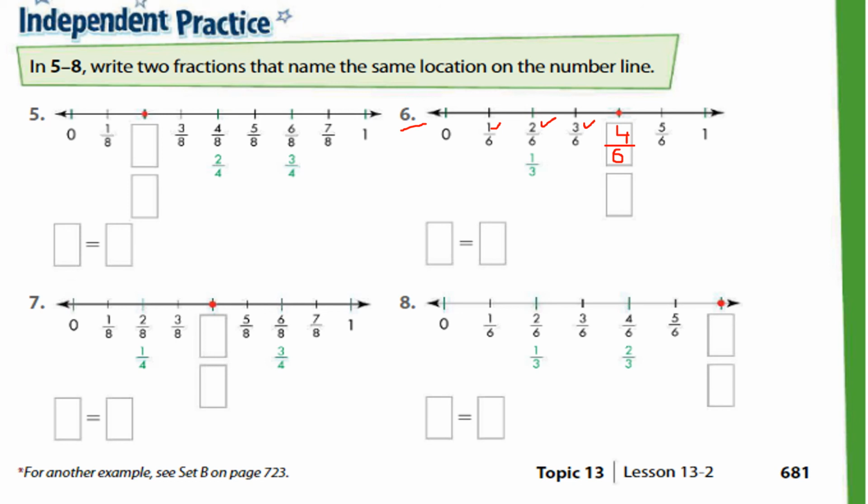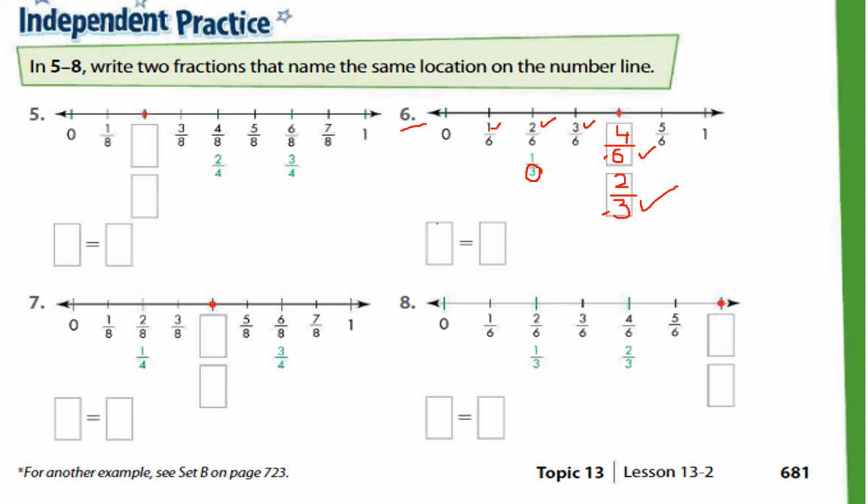Okay, and they give reference to another number line and it is divided into 3 equal parts, right? So the first part will be 1/3 and the second part will be 2/3. Very good. So 4/6 is equivalent to 2/3, or you can simply think 2 is double of 4 and 3 is double of 6.